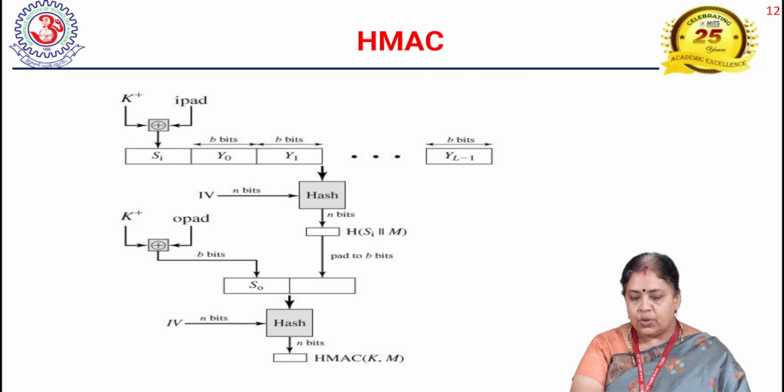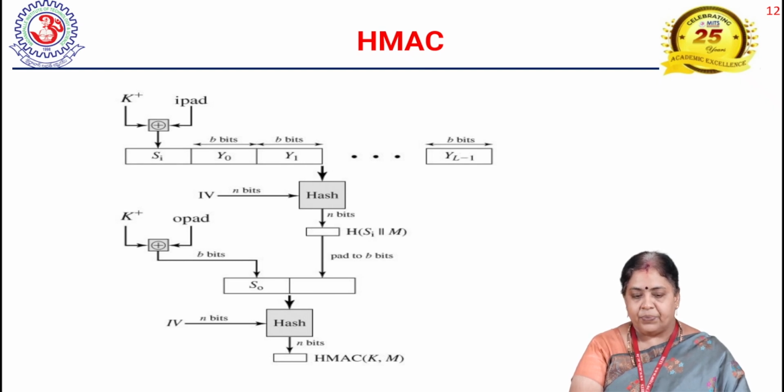This hash code is padded to B bits, and we are going to take another constant, that is the O part, which is concatenated with the same key. In order to get SO, that is the outer padding, it has to be concatenated with the result of the inner hash, and the final thing has to be given to the hash function in order to produce a code that we call HMAC, which is the result of the key and the message.